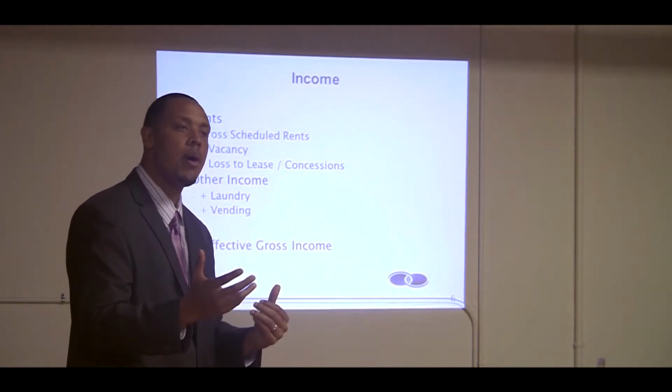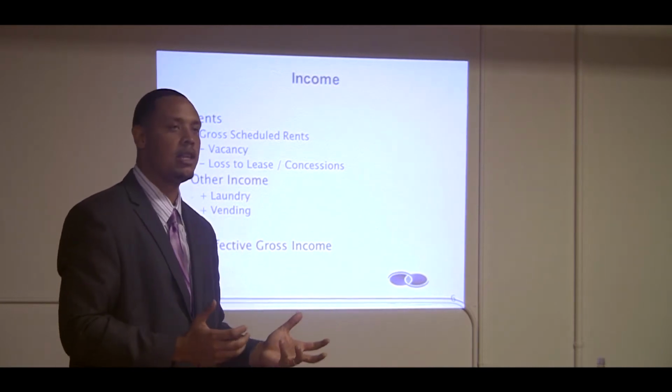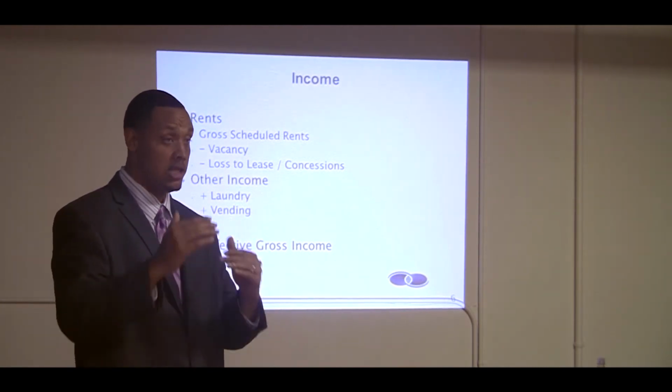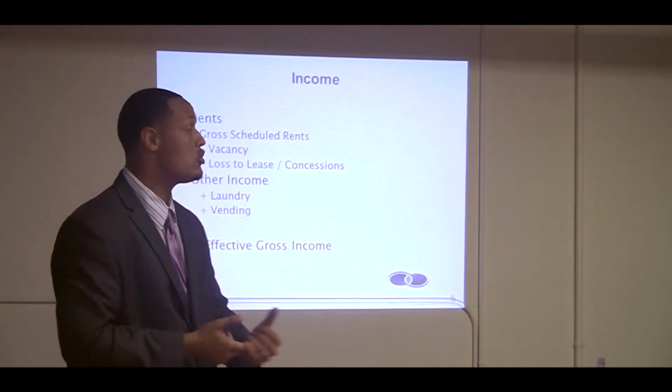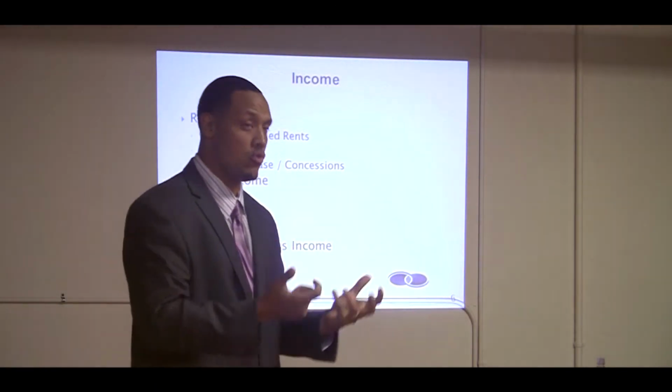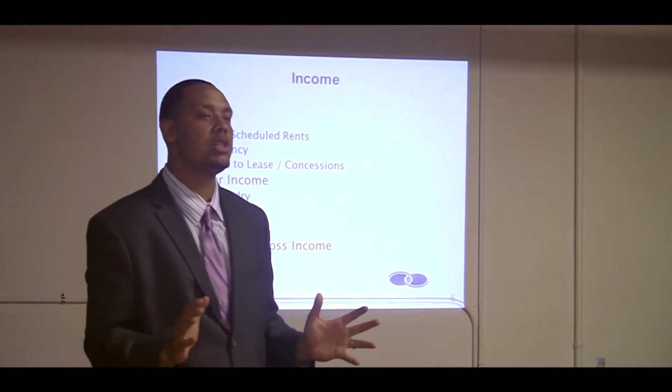Everything is occupied, everybody's paying. This is probably a perfect world, but this is our top line number when we're doing our evaluation. That's our gross scheduled rent, the best possible scenario.